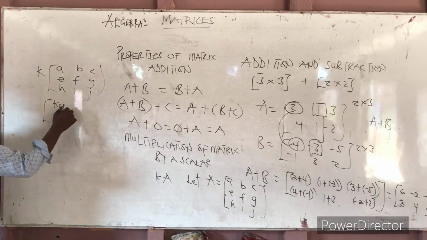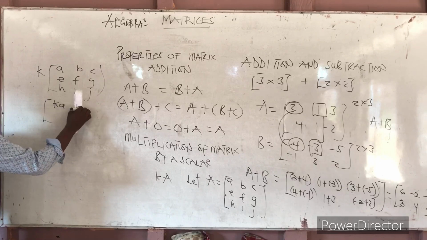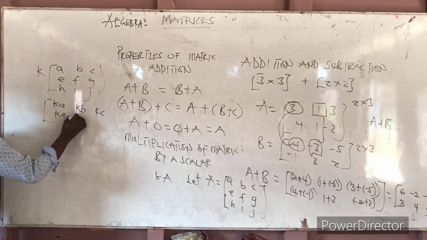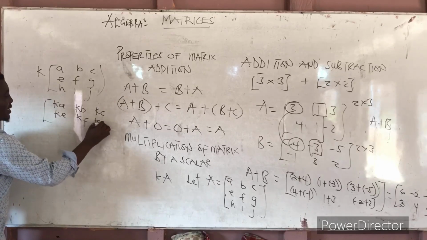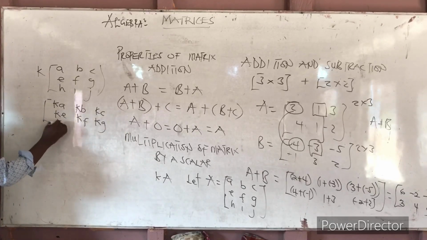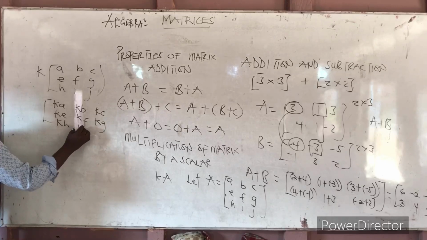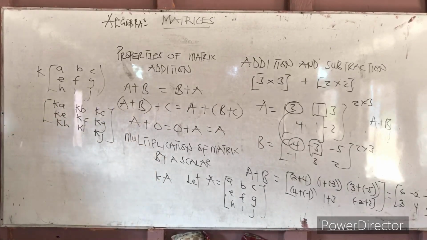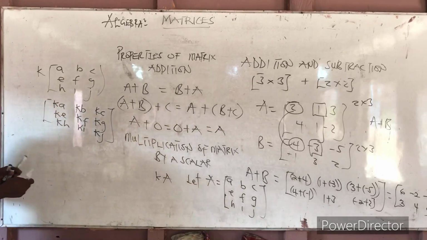Multiplication is commutative, so any of them is okay. Get KB, KC, KE, KF, KG, KH, KI, then KJ. This is how we multiply a matrix with a scalar.